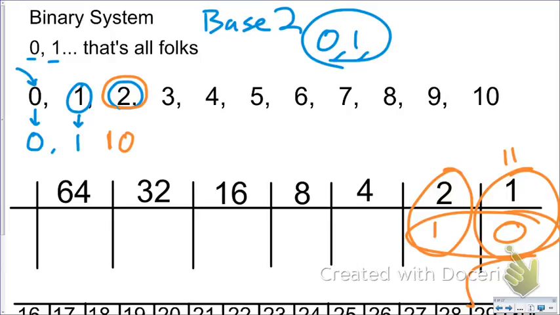So 1, 0. And by the way, when we're denoting other base systems, we can usually say, so like this would be 10 subscript 2. That little 2 down there is just saying, by the way, we're working in base 2.